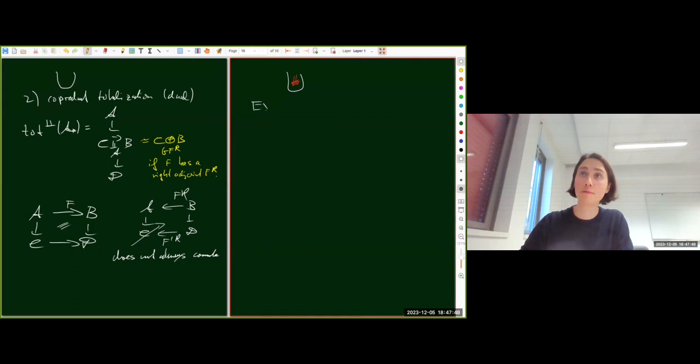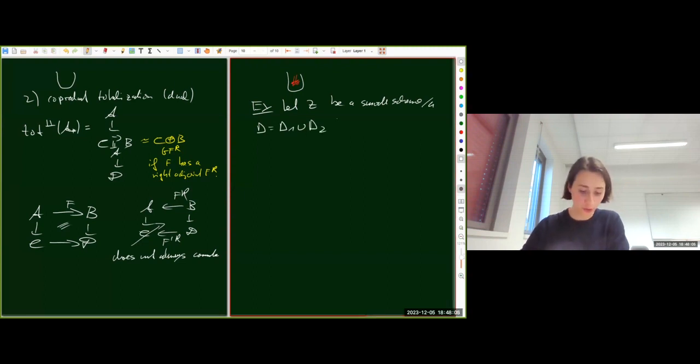So, example. Let Z be a smooth scheme over a field K of characteristic 0, and D is a union of two smooth divisors, which are normal crossing. So a normal crossing divisor.